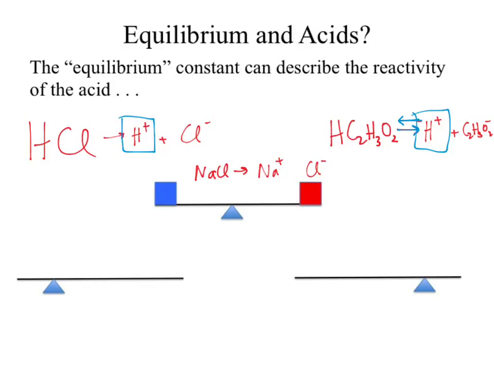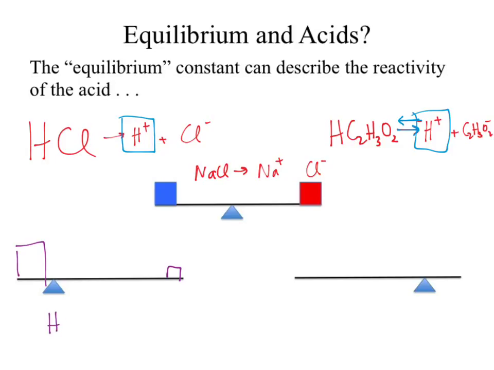Because of where the fulcrum, our equilibrium, is established for that individual reaction. We've changed the reaction. One case it's HCl, one case it's acetic acid. Acetic acid's equilibrium is set up in such a way, and of course I drew them on the wrong side, that it matches this fulcrum.